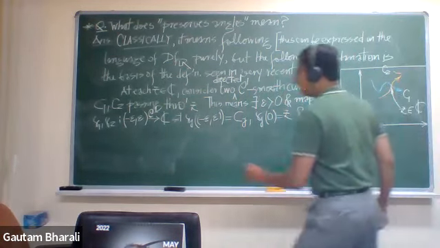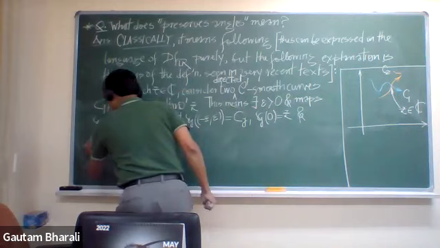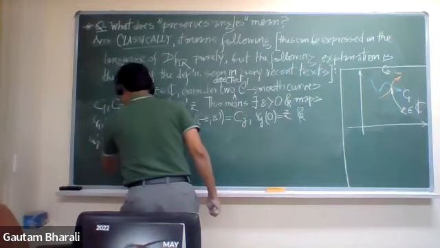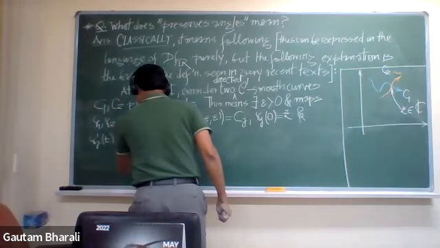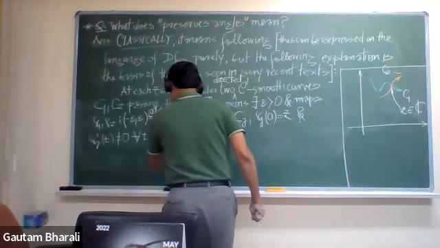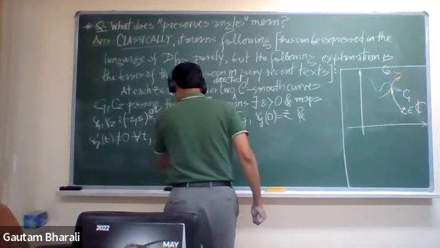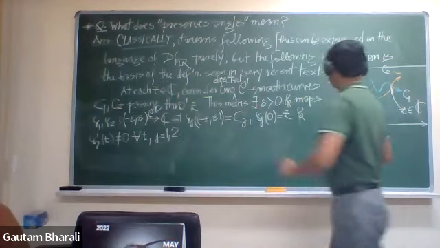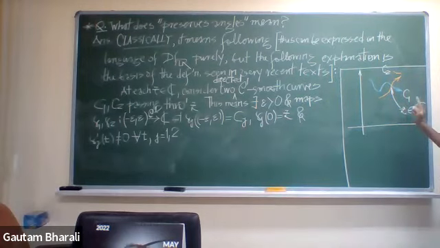And so, as you know, this is given by the condition gamma sub j prime of t is non-vanishing for all t, which is just a way of saying there is a definitive tangent vector at every point of this curve.